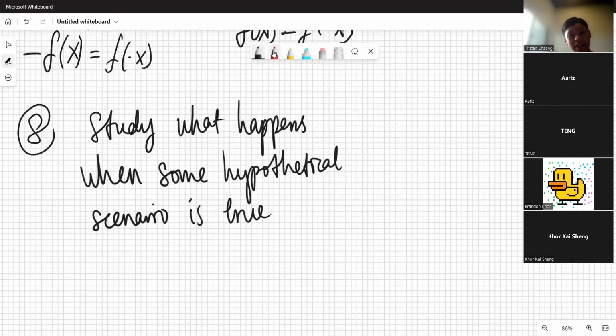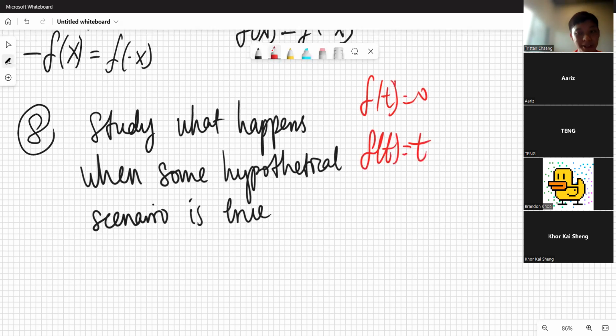So this hypothetical scenario can be, let's say, f of some number equals 0 maybe, or f of some number equals itself. That's called a fixed point. Or maybe some other conditions that I can't think about. Let's say f(t) equals 1 over t or something. Or maybe even f(t) is more than 0.